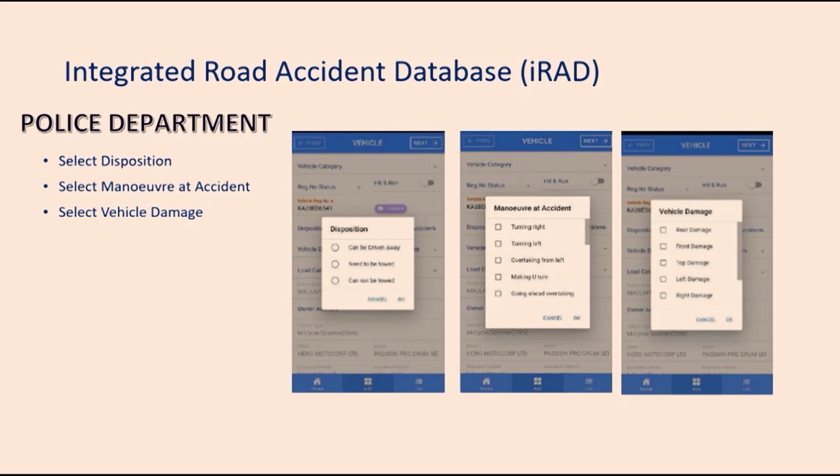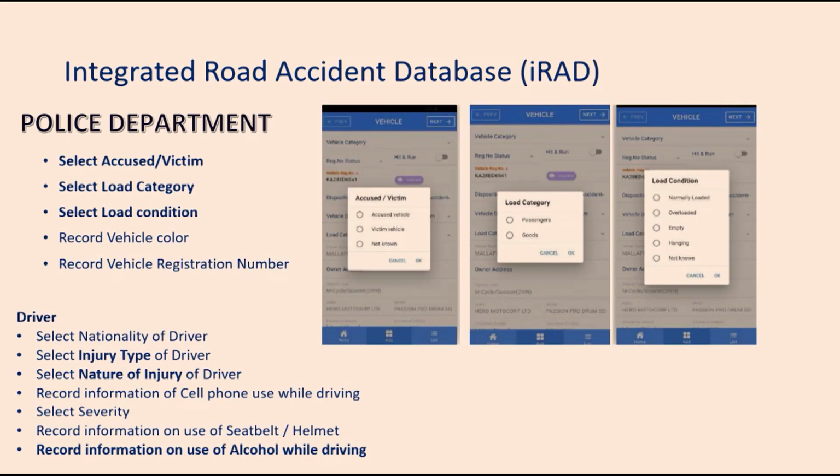All those details you need to fill in here. Then vehicle damage condition, victims' details, vehicle load category, all the drivers' details, and other details you need to fill in.